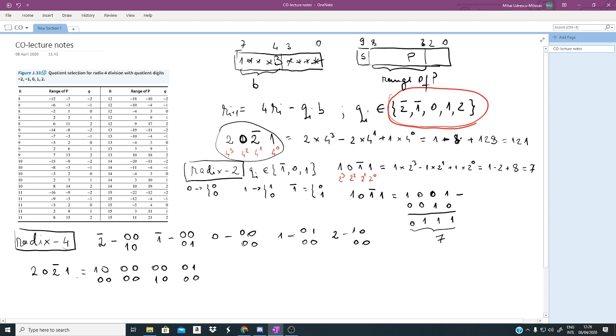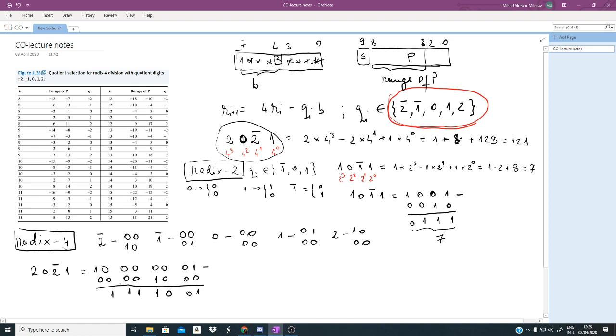So we subtract what's downstairs from the upstairs part, and we have 1 0 0 1 1 1 and 1.